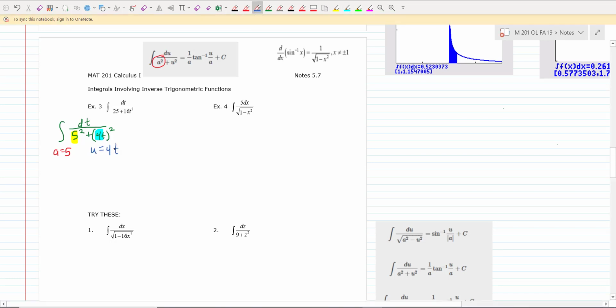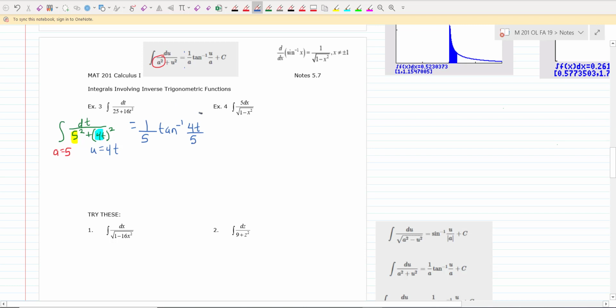Okay? All right, so we've got everything matched up, and then we just do exactly what this formula says to do. So the formula says do 1 over A. So A is 5, so we have that. Then we have the inverse tangent of U, which is 4t over 5, like that.